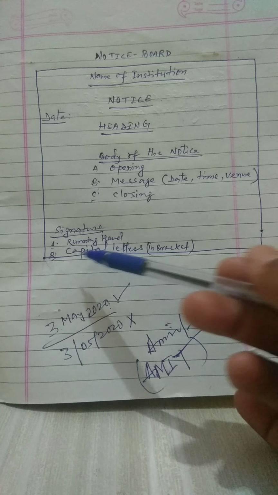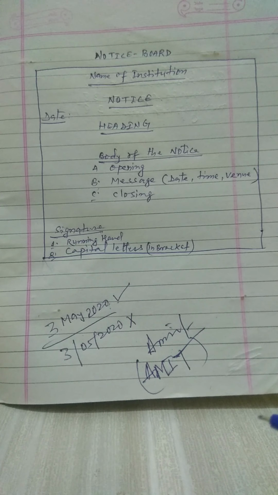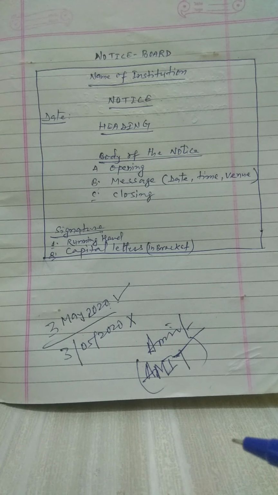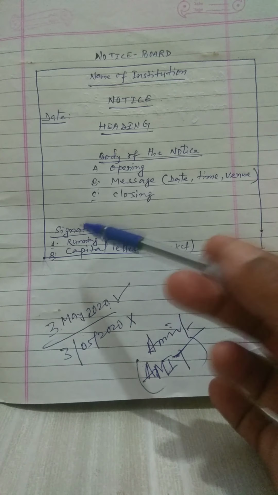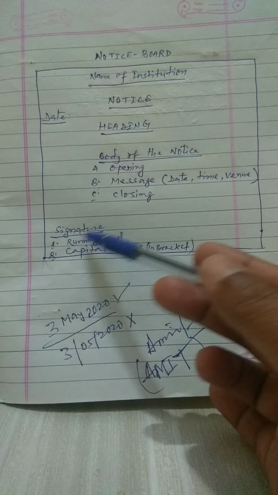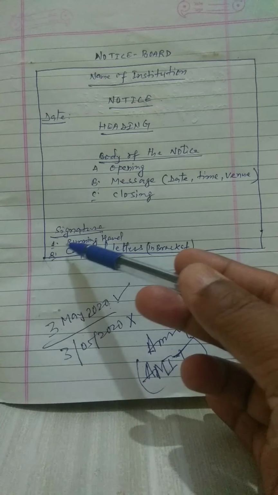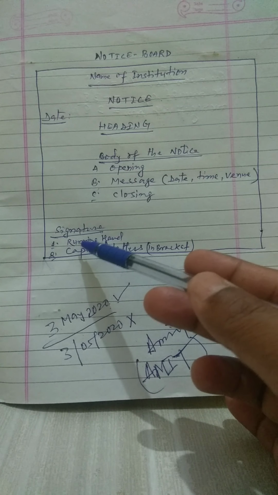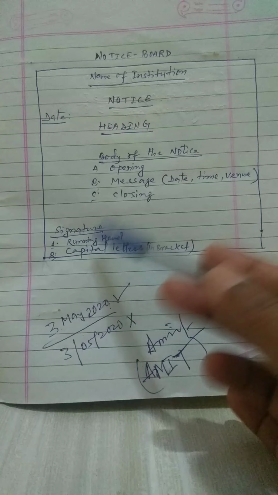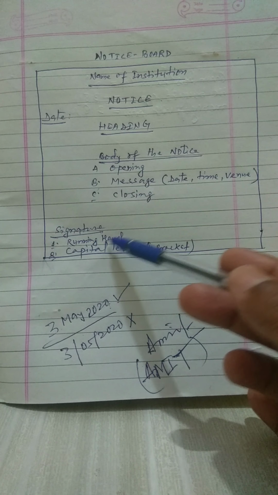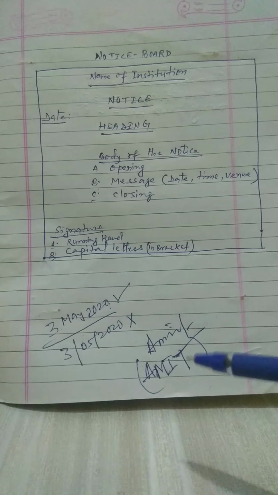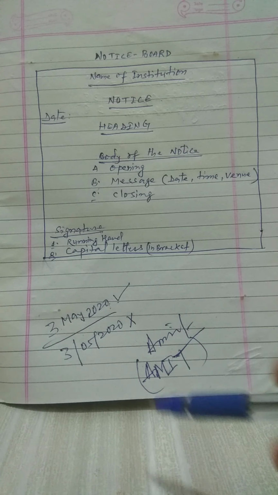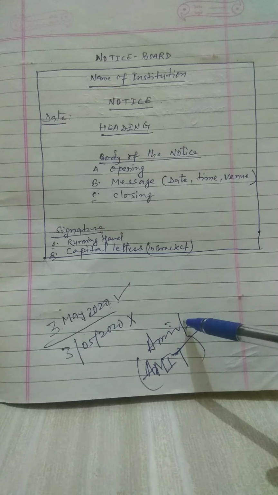And then on the left side we write signature. This is very important. Below the word signature we write the signature as per the question, and it should be in running hand. Suppose your name is Amit, so you will write Amit like this.